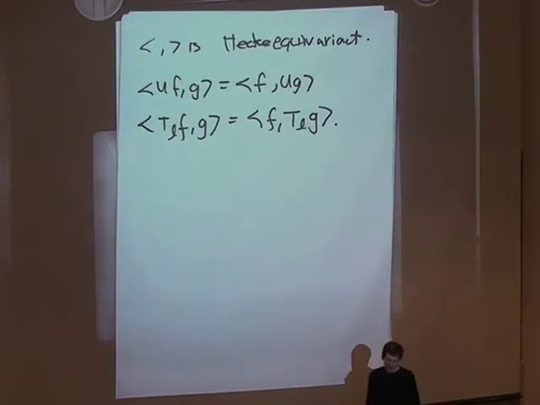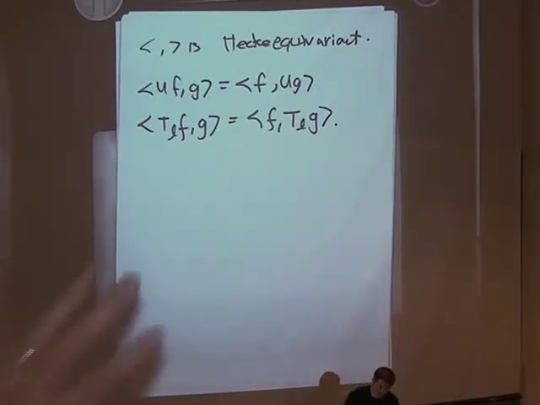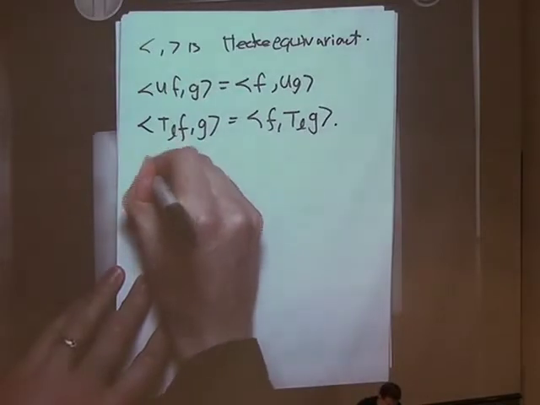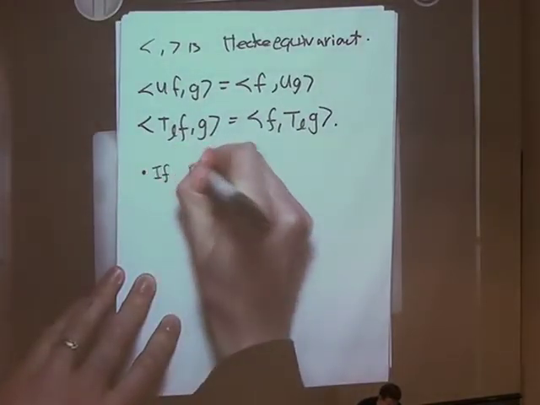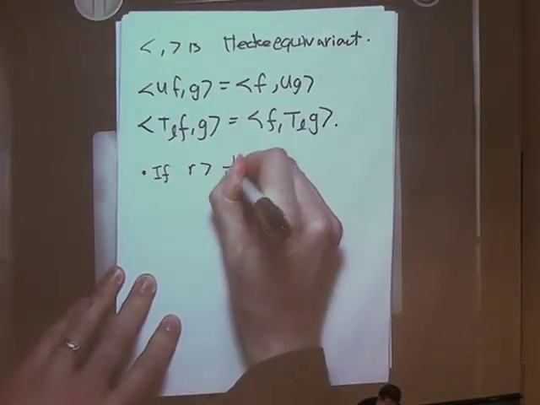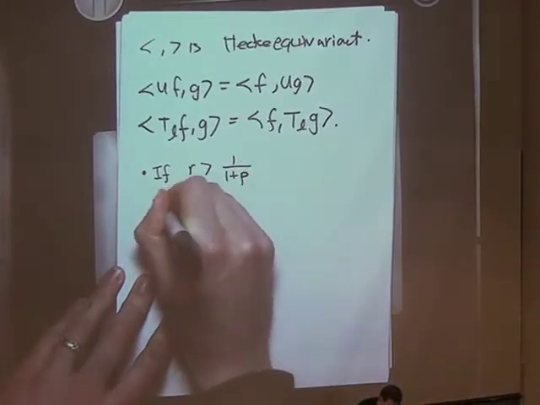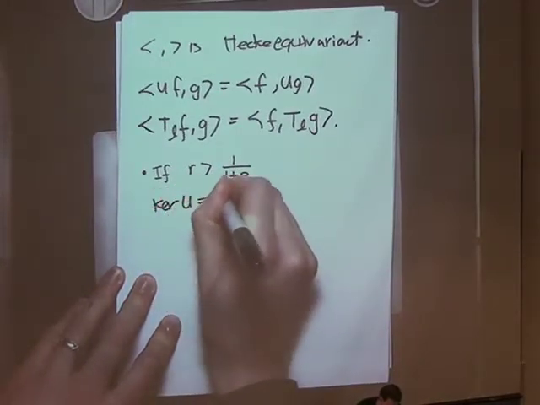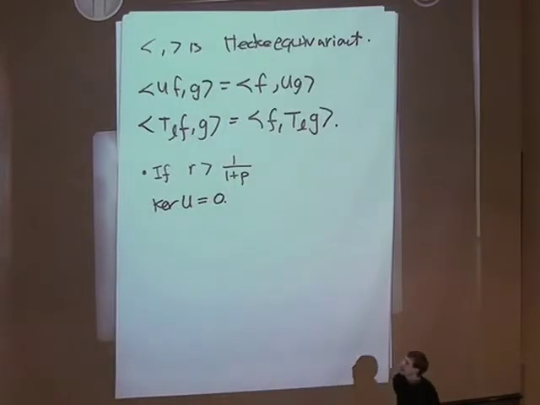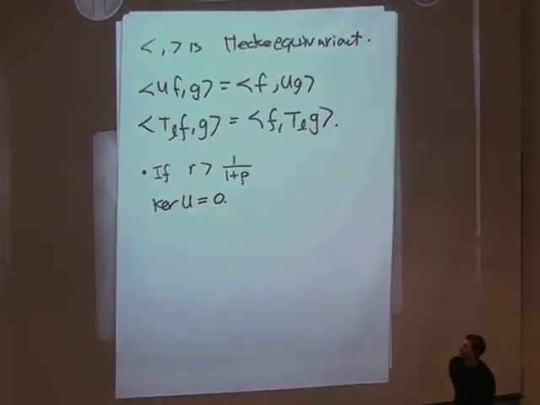So again, we're trying to study this operator U, and we're trying to understand its spectrum, at least for various radii of convergence. And so we have the following two facts. So if R is sufficiently big, so in particular if R is bigger than 1 on 1 plus P, then the kernel of U is actually trivial. So that's somehow a good thing to have if we wanted to have a spectral expansion.